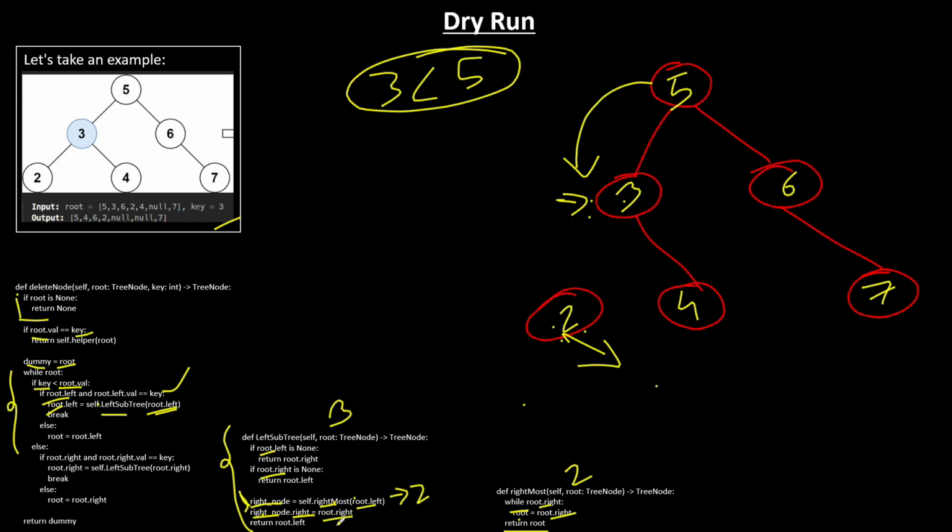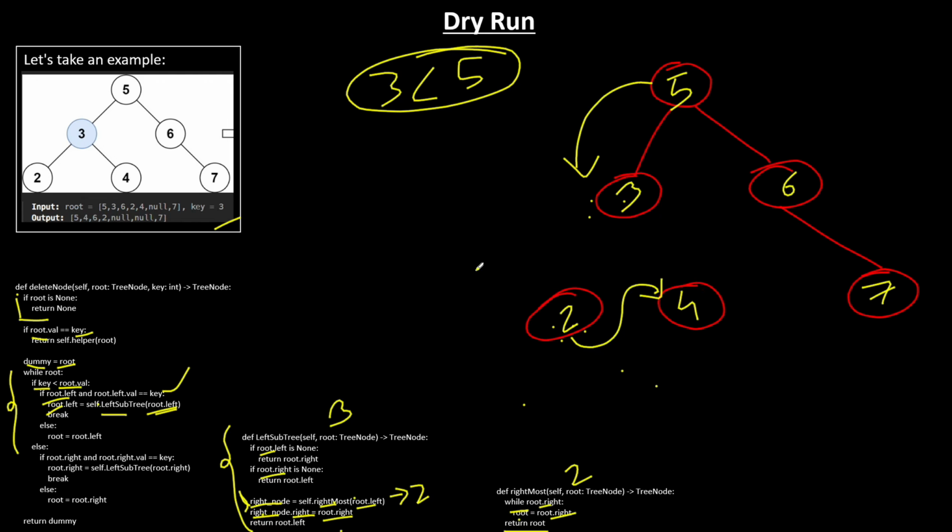So what was root's right, if you remember? Since this is the root in the left subtree, its right value will be equal to the root's right. So it will basically be equal to 4, or you could say this will point to 4, and this will get removed.